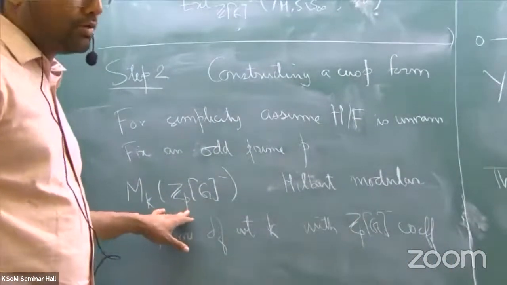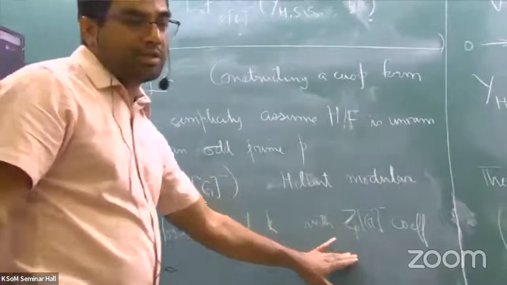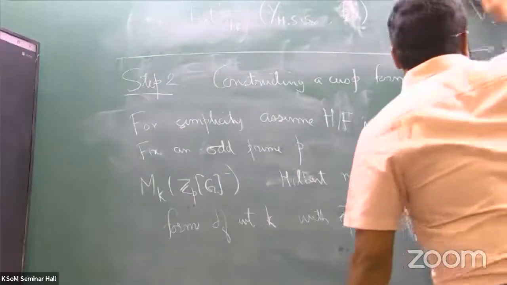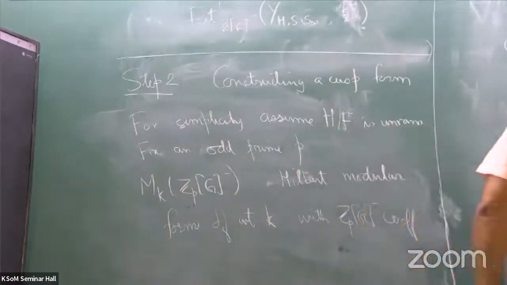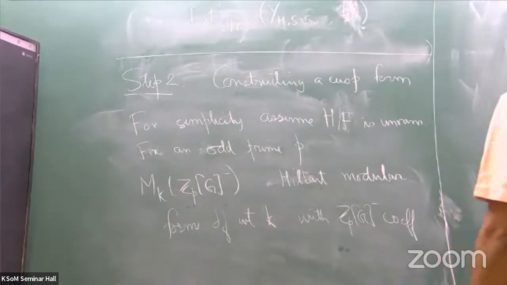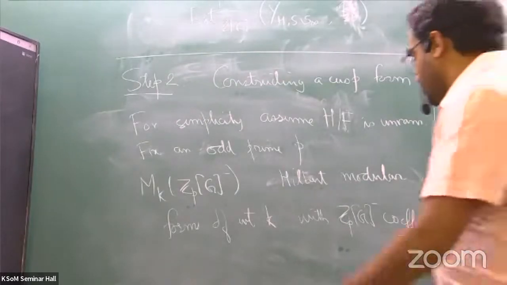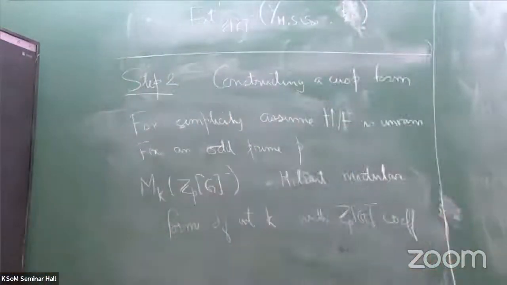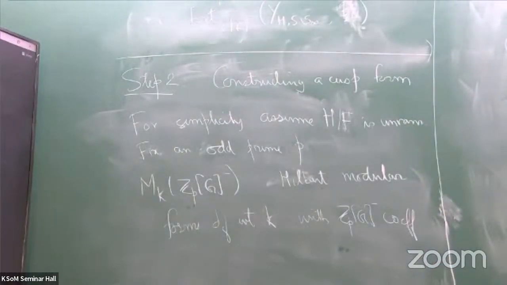So you can think of a collection of q-expansions with coefficients in Z_p[G minus], so that when you apply a character of G, you get an actual p-adic modular form with coefficients in some finite extension. So this is just like a Hida family, but now the extension is not a cyclotomic Z_p-extension, it's a finite extension. So you can think of these like Hida families, you have seen them.